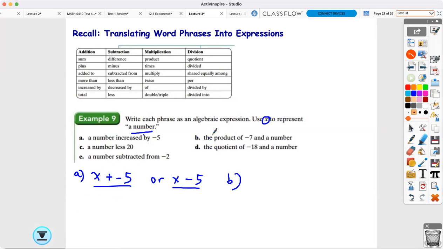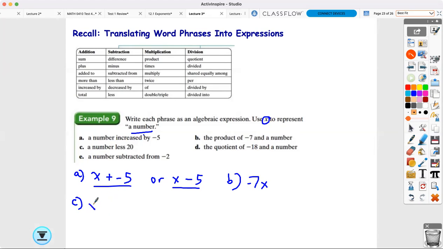B, the product of -7 and a number. That's just -7 times x, which is just -7x. C, a number less 20.